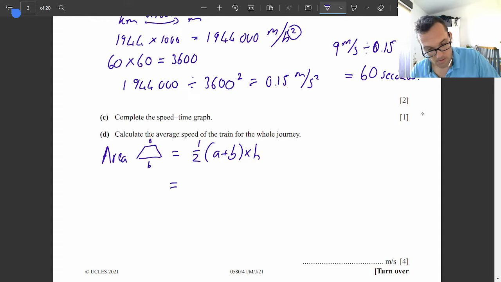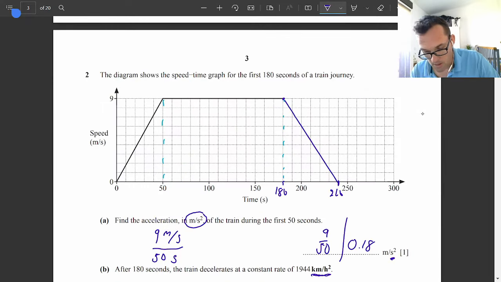So in this case, with our trapezium here, it will be this distance from 50 to 180, which is 130, and the distance at the bottom from 0 to 240, which is 240.